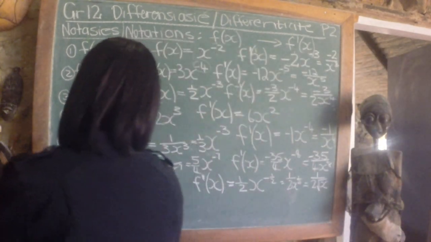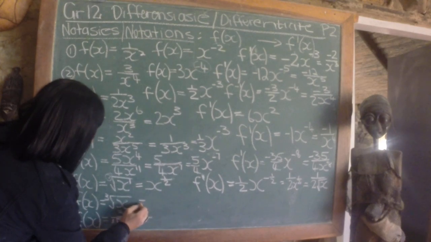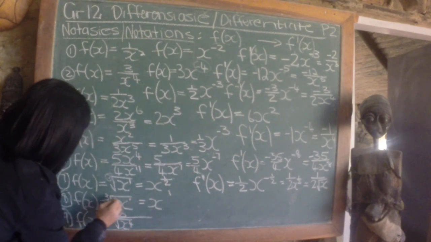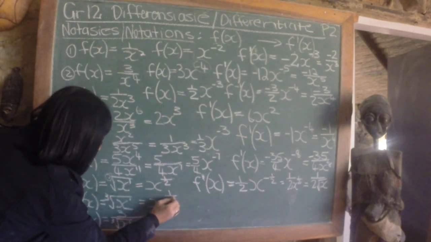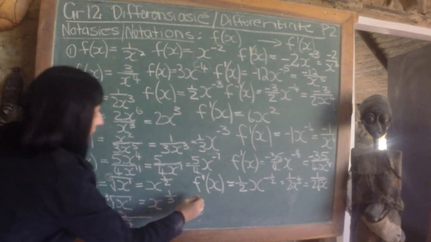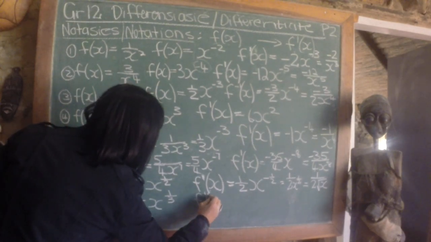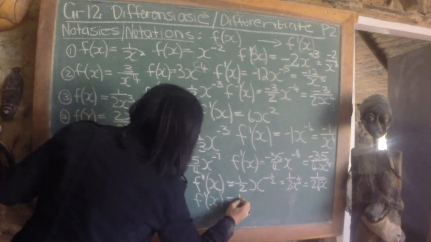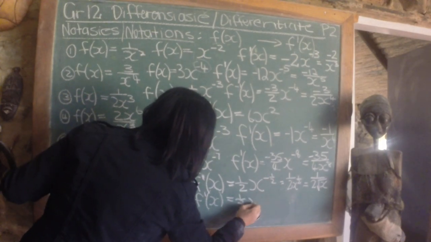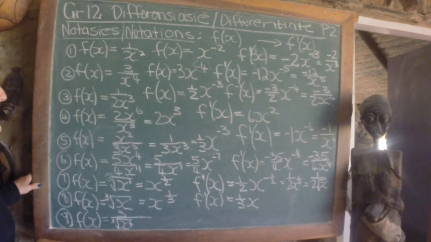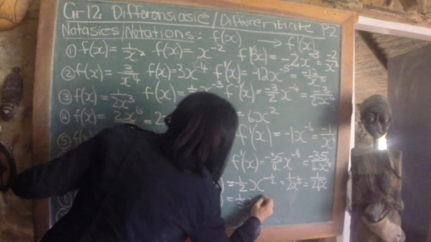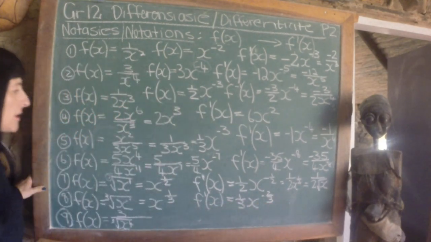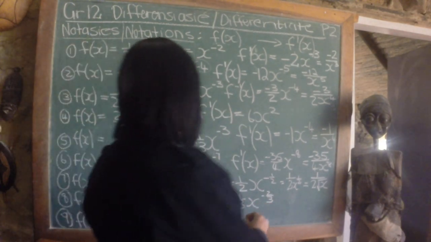Kom ons gaan kyk na hierdie enetjie. Remove the root, then it becomes x to the power of 1 on 3. So as ek gaan differentieer, skryf jou differentiasie notasie, 'n derde vorentoe, en dan trek ek minus 1 van 'n derde af. That becomes minus 2/3. Now I'm going to rewrite it as a positive.